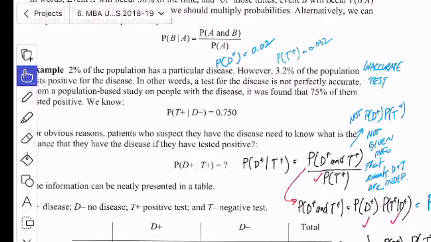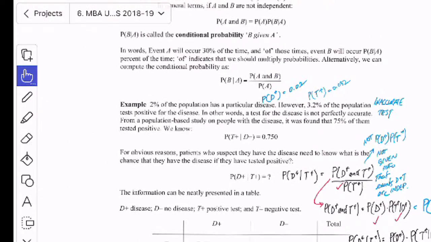So this leads us to Bayes' rule. What Bayes' rule does is it allows us to fully expand this expression.